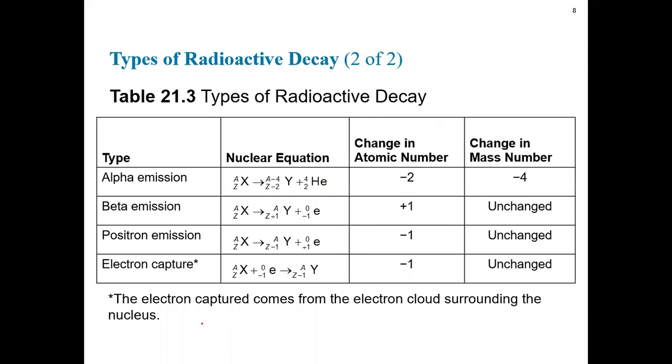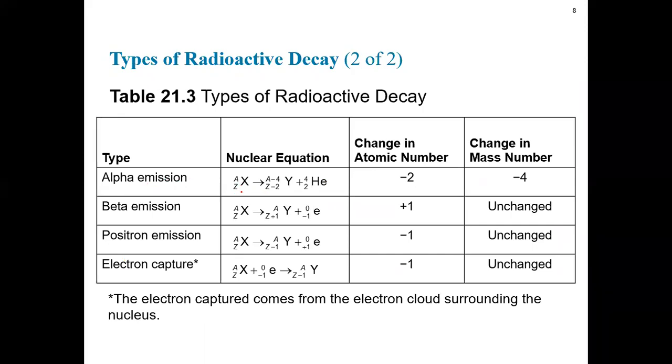All right, this table summarizes those equations and what happens to the atomic number and mass number during those different types of radiation or radioactivity. The first radioactivity is alpha emission.